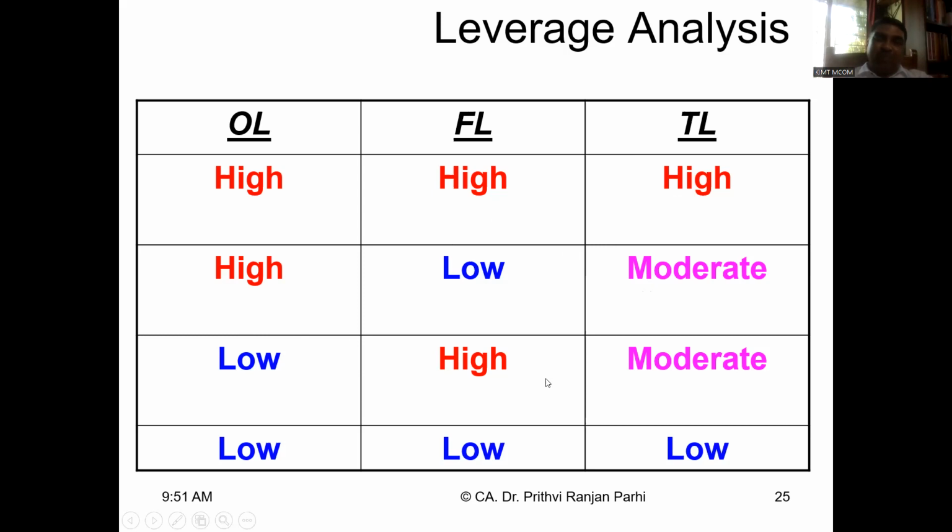If OL is low and FL is low, total leverage will also be low. So every time a finance manager has to decide how he can keep his leverage moderate. If operating leverage is already high, then he should take less amount of loan so that financial leverage will be low and overall leverage will be moderate.